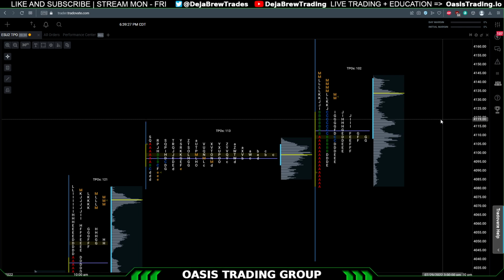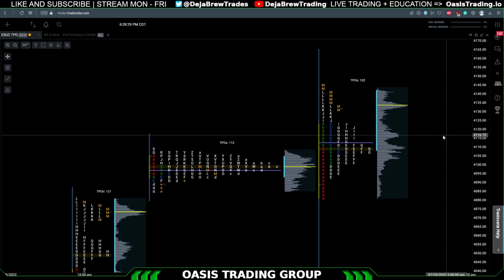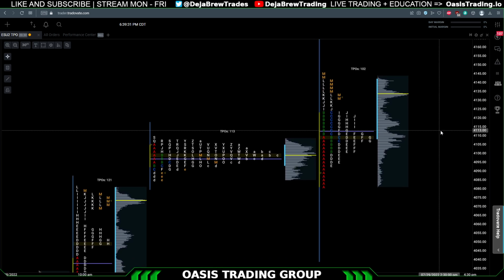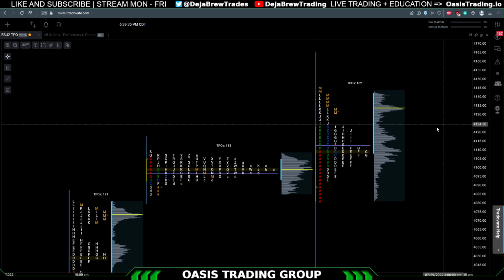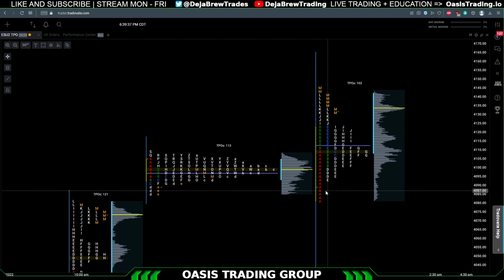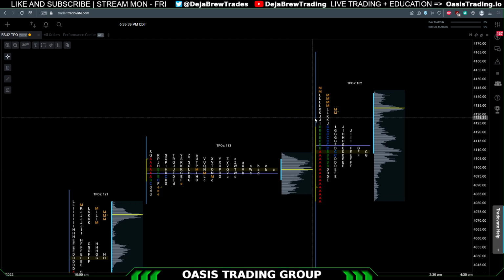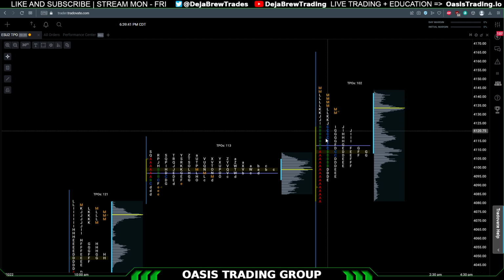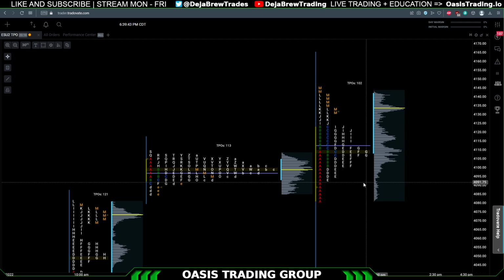Okay, how do you determine if it's going to hit those extension targets? Now, typically, if you see a very strong single print start to break the high or the low of the initial balance, where we start to see one session just very quickly breaking out to the upside or breaking out to the downside, if that session closes strong and it doesn't retrace very far back to the initial balance, then you are typically going to hit that initial balance extension.